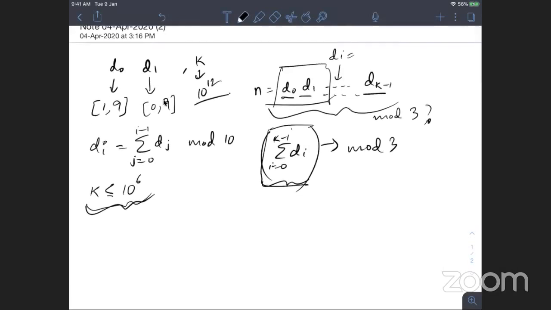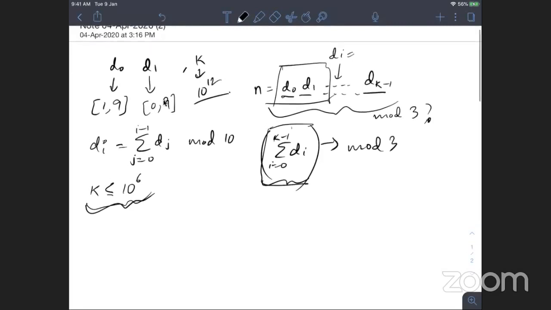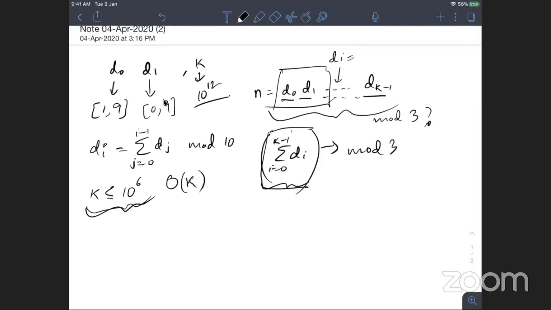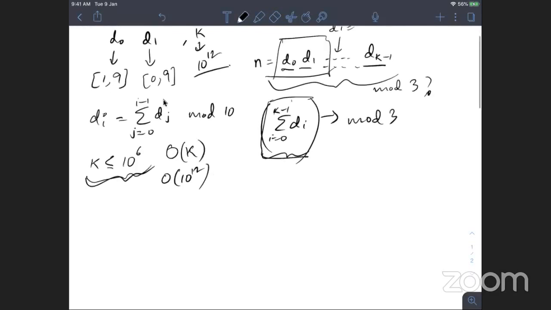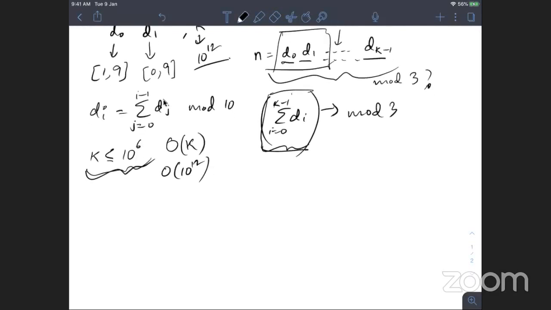But k is not small, so this slow algorithm works in order k, which won't work because order k is order 10 to the 12. To give you an idea of how slow this is: you can do 10 to the power 8 operations in 1 second.